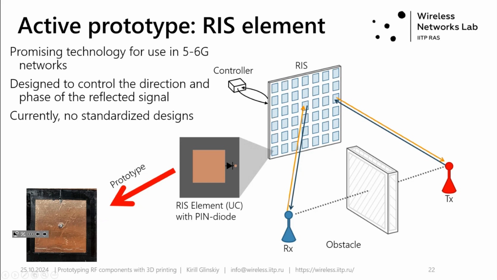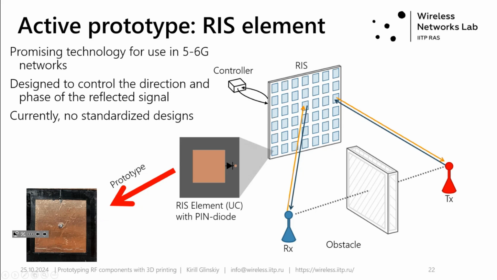However, at the moment, there are no standard designs. That means that we need to prototype a lot of different patterns and a lot of different properties, and additive manufacturing will help us reduce the time per prototype and potentially reduce the cost.